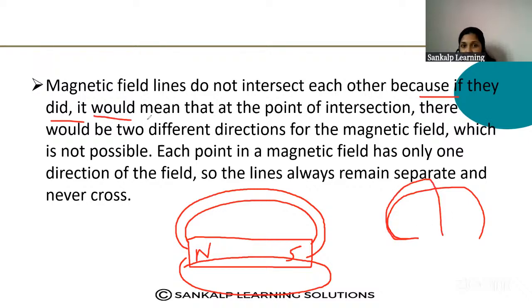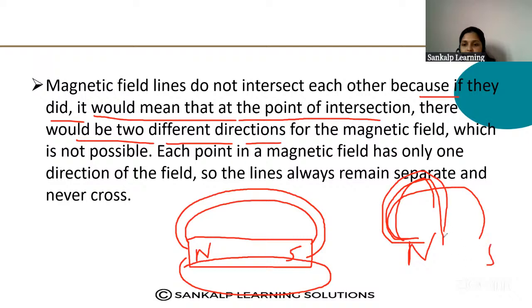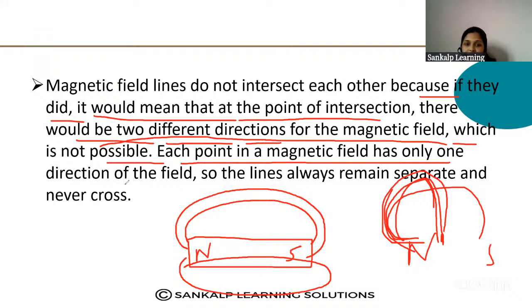If they did, at the point of intersection there would be two different directions for the magnetic field, which is not possible. Each point in a magnetic field has only one direction, so the lines always remain separate and never cross. So note down the answer.